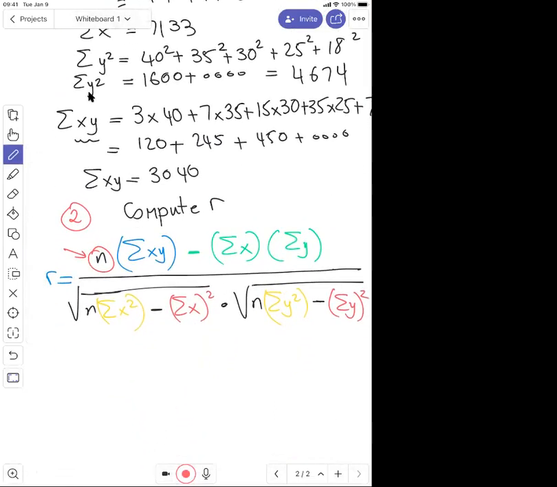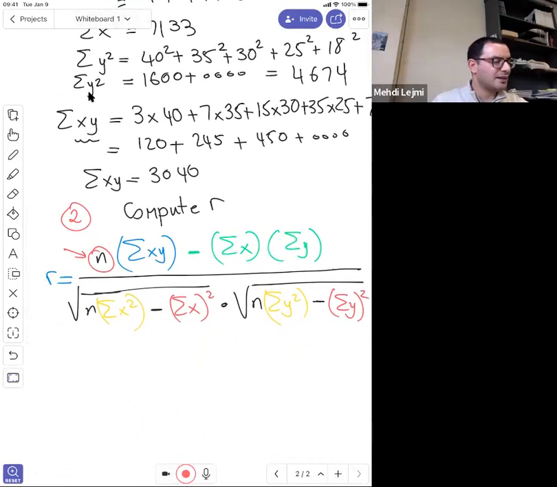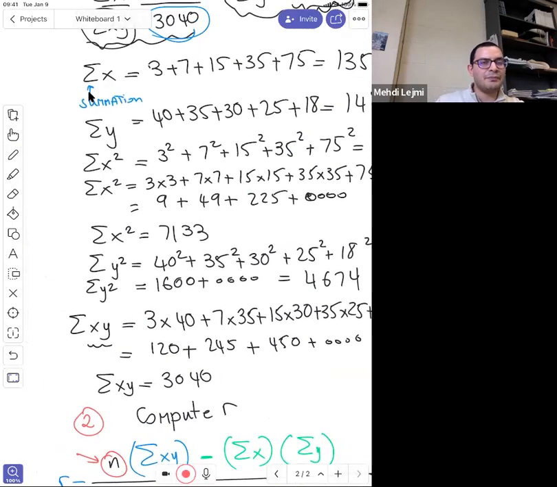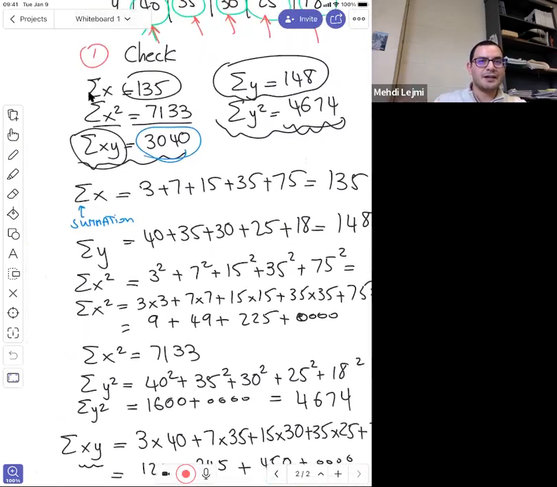How come it's not 10? That's the thing, it's not. It's the number of data pairs.